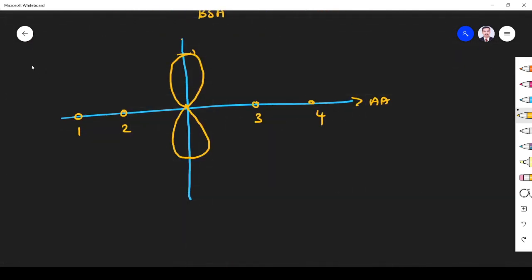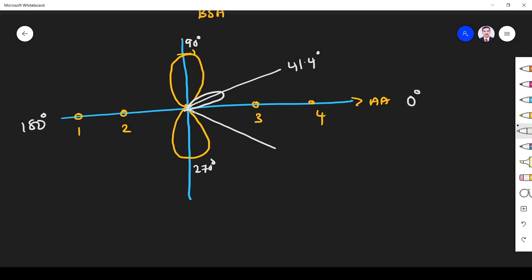So now we draw. 41.4, it may be like this. So I draw here. So this is the minor lobe maximum, 41.4 degree. This is 90 degree, 270. This is 0 degree, 180 degree, right? So 41.4 plus, and similarly we have minus 41.4. So there is another minor lobe maxima at minus 41.4. Right?